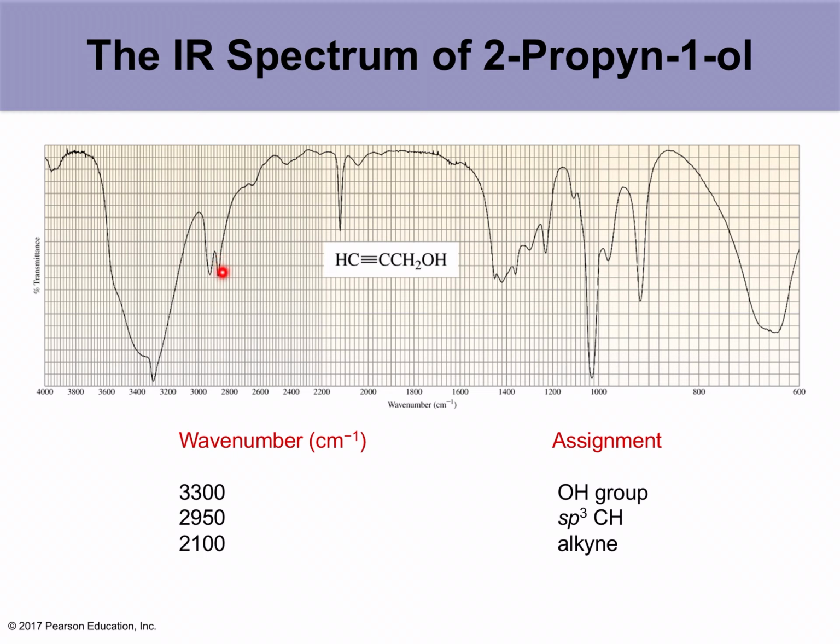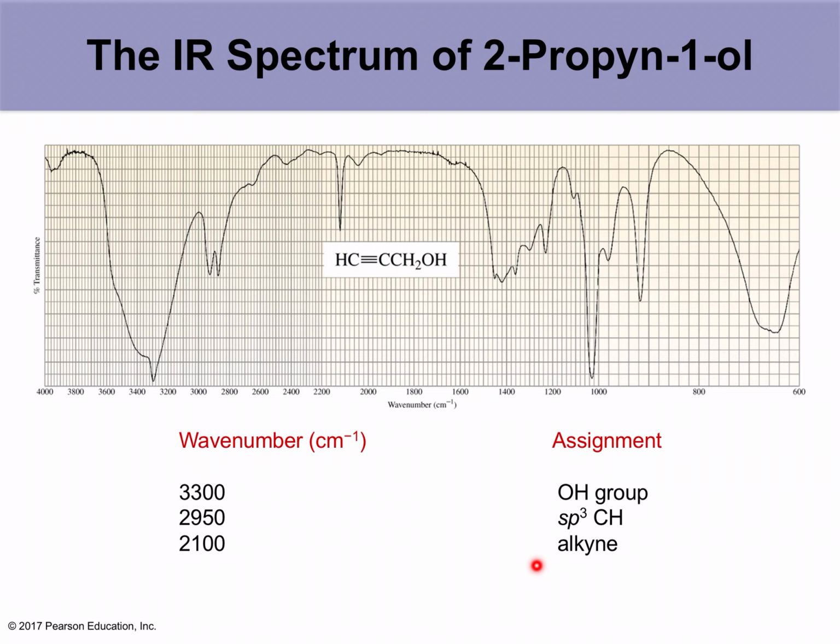And then I would expect somewhere here this carbon-hydrogen stretching. Remember that comes a little over 3000. Probably it has overlap with this OH group, that's why we don't see it. And then the alkyne is the carbon-carbon triple bond, 2100. That's 2100 right there.